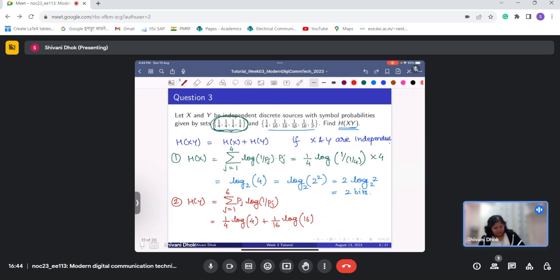Now this term 1 by 16 into log 16 is repeated 1 2 3 4 times, so I can simply write it as 4, and plus 1 by 2 into log of 1 upon 1 by 2, which is 2. Okay, so let me take this to the next page.